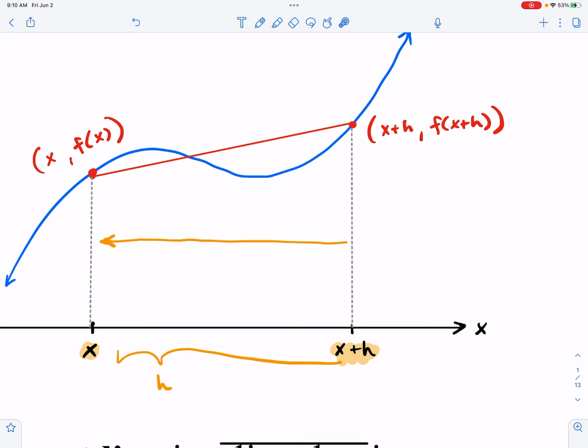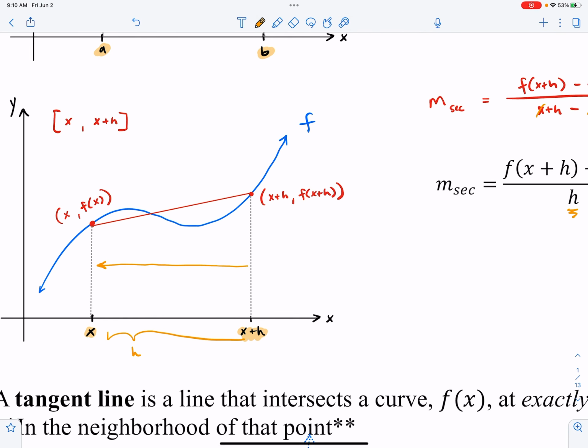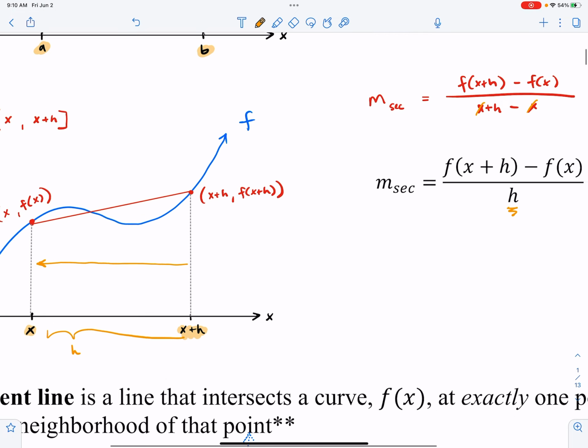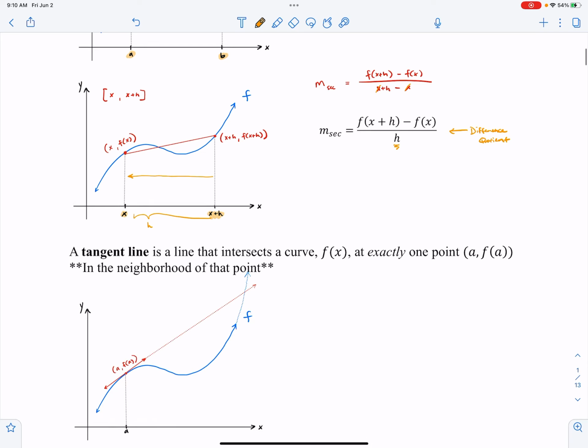And I hope with the language that I'm using, you're thinking, limits? Are we thinking limits? So in this case, with the point x plus h, comma f of x plus h getting closer and closer to x, comma f of x, h would be getting smaller and smaller, approaching 0.